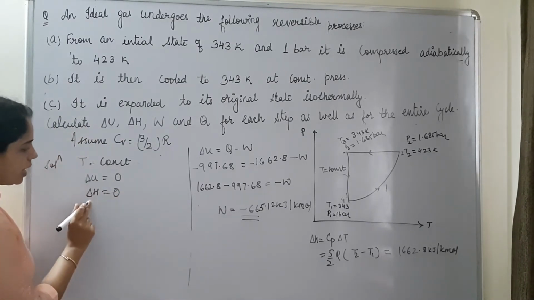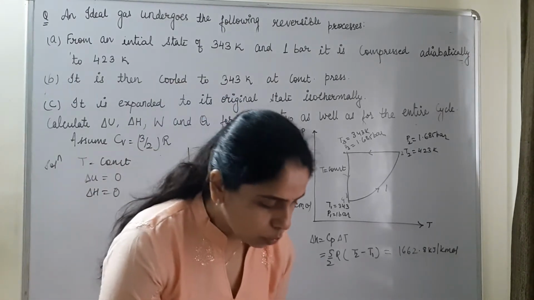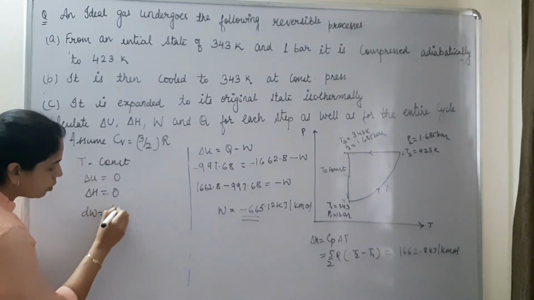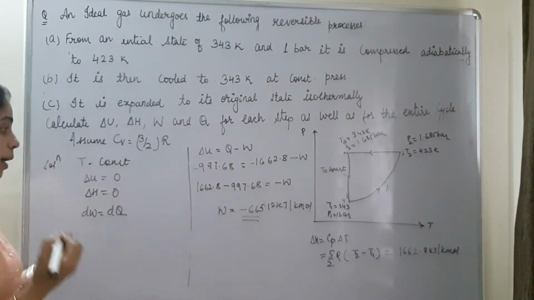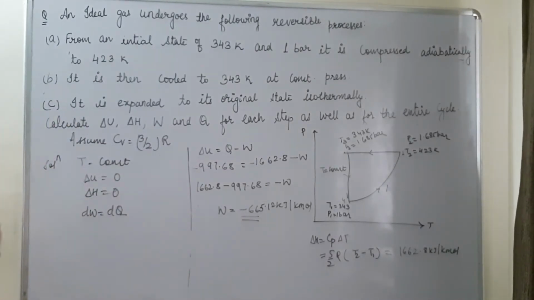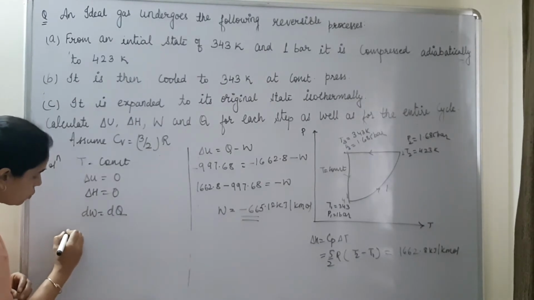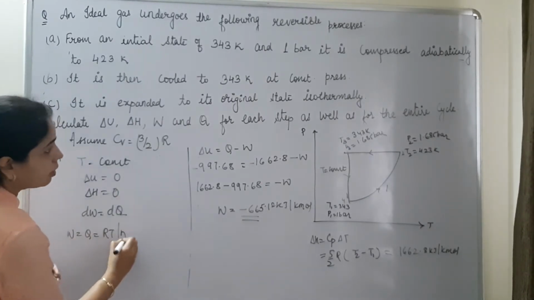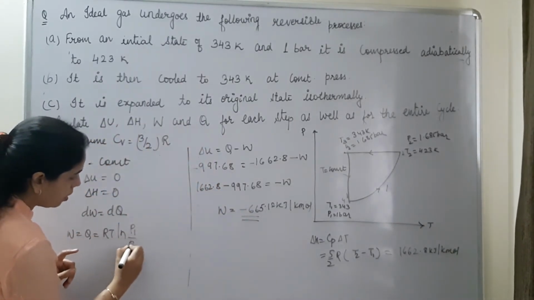Delta U is 0, delta H is 0, and now we need to find W or Q. In this case dW is equal to dQ. And how can we find W or Q for any isothermal process? The formula is W equals Q equals RT ln(P1/P2).